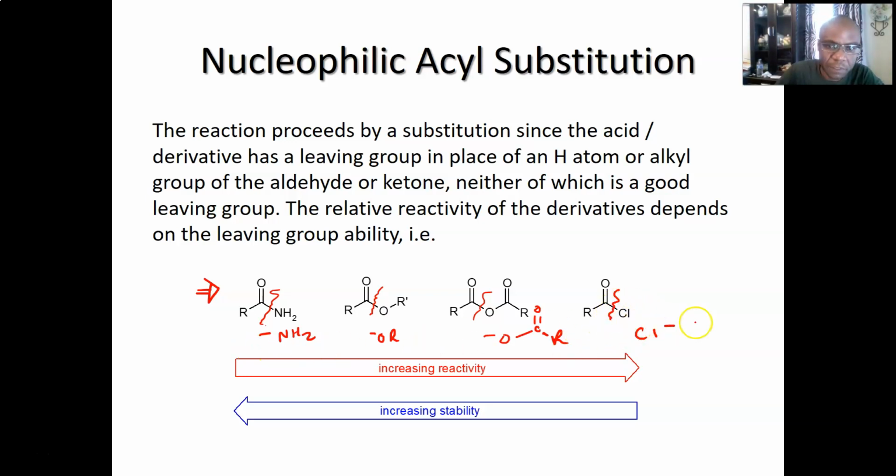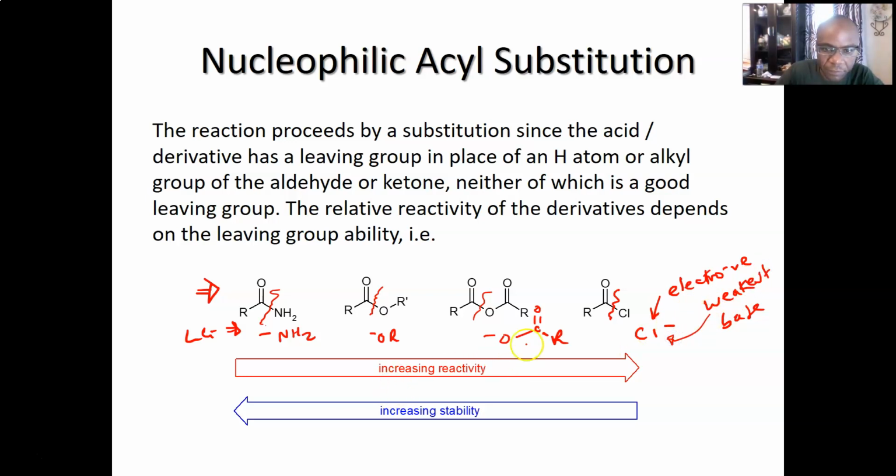Which of these is the best leaving group? Obviously, chloride is the best leaving group because it's electronegative. Remember the rules for leaving groups: you want the leaving group to be a weak base after it leaves. So chloride is the weakest base of all these leaving groups from these derivatives, which means it's the best leaving group.